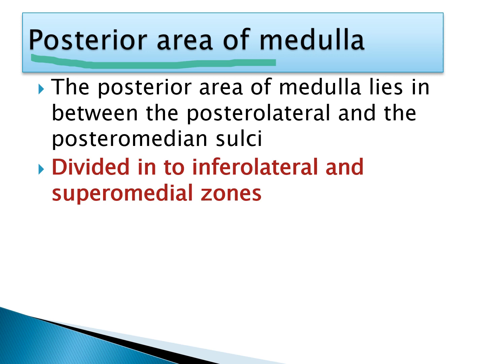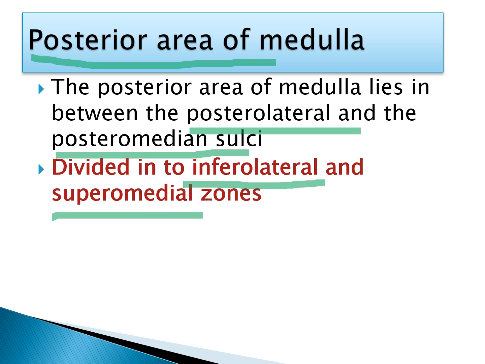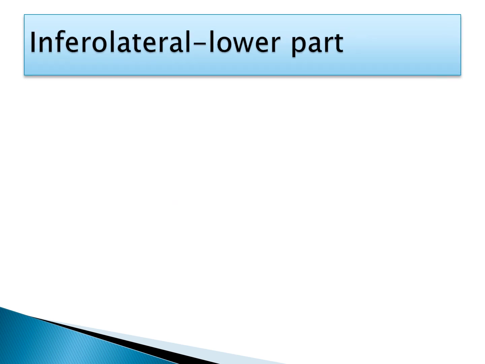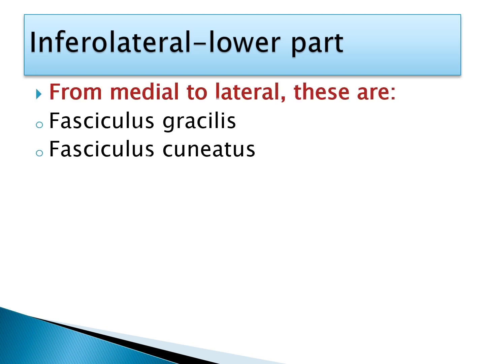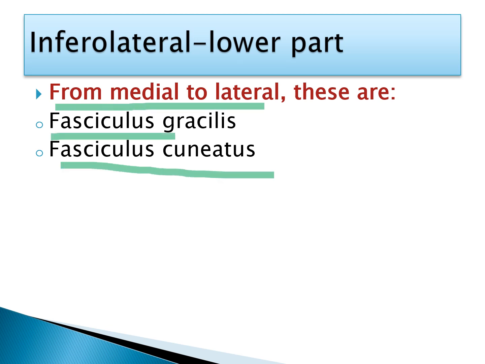It is in between the posterolateral and posteromedian sulci. It has two parts, infrolateral and supromedial zones. First we will see the infrolateral, then the supromedial zones. Infrolateral lower part and upper part we will see. In the infrolateral lower part, from medial to lateral, they are the fasciculus gracilis and fasciculus cuneatus.